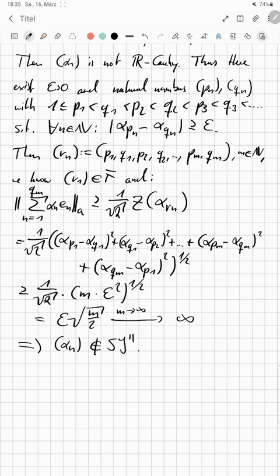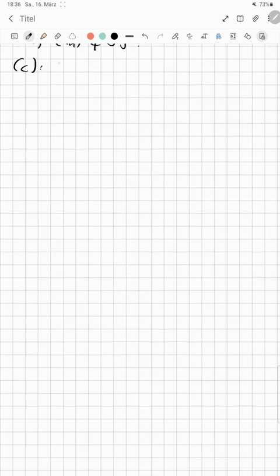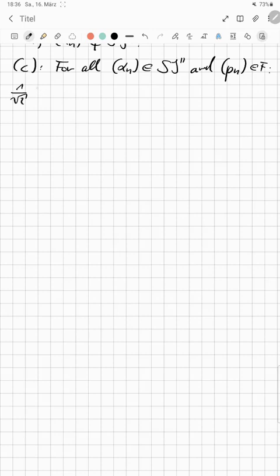For C, let's first see that for all alpha n's from the Sj dash dash space, so the scalar sequence space that we identified the double dual space with, and for all of our finite subsequences, we have that 1 over the square root of 2 z alpha Pn is less than or equal to the norm as n goes from 1 to Pm of alpha n En in the Sj dash dash norm.